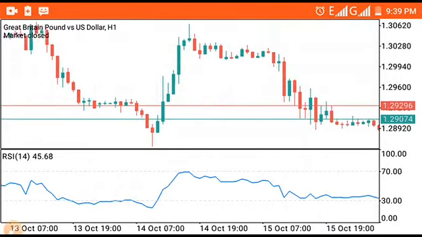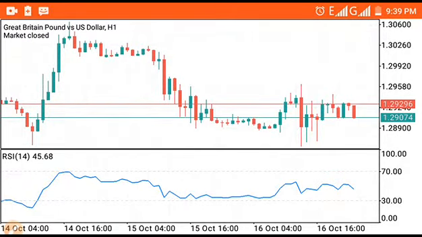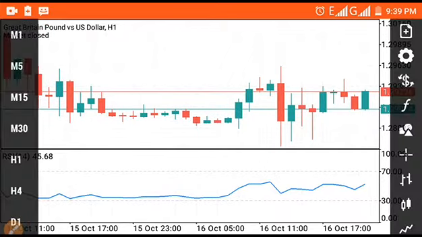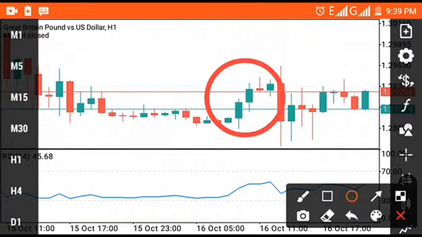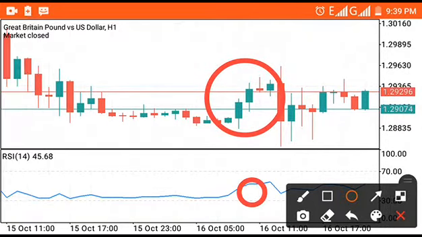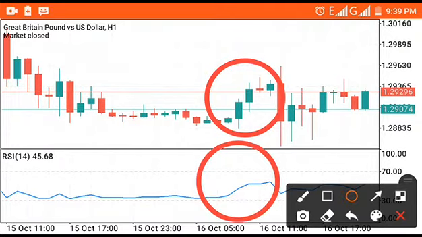Compare the time frames. If you check here, the same thing. Look at what we're looking at. Do not confuse yourself. This is what we're looking at. This area, I'm sorry. This area here is also what we're looking at.